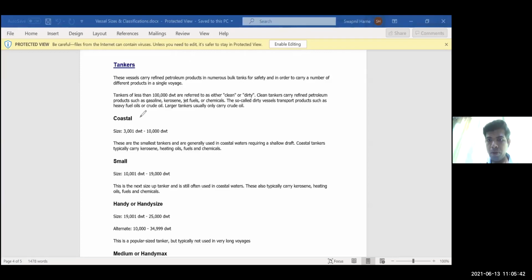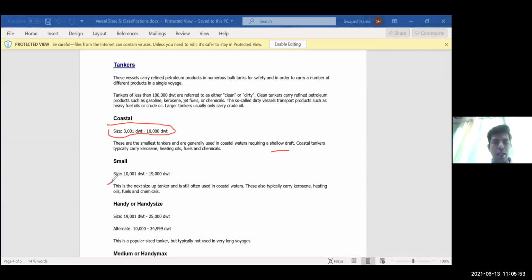Let's come to the size of a tank vessel. Let me share my screen again. So the coastal tanker size is 3,000 to 10,000, it has a lesser draft.